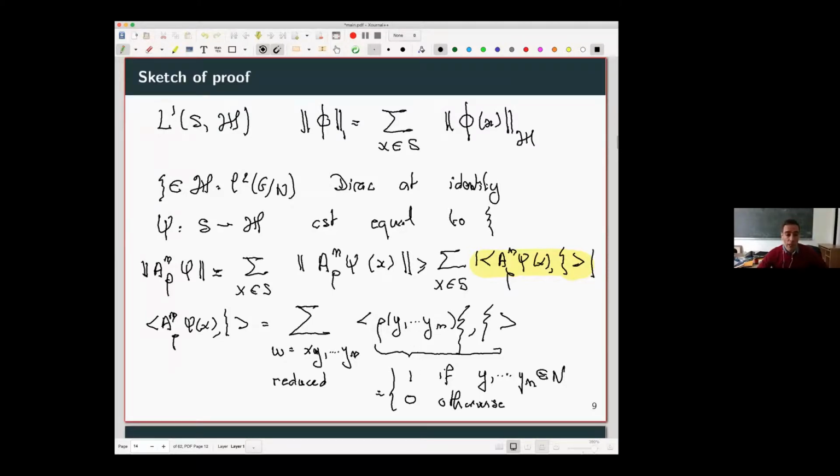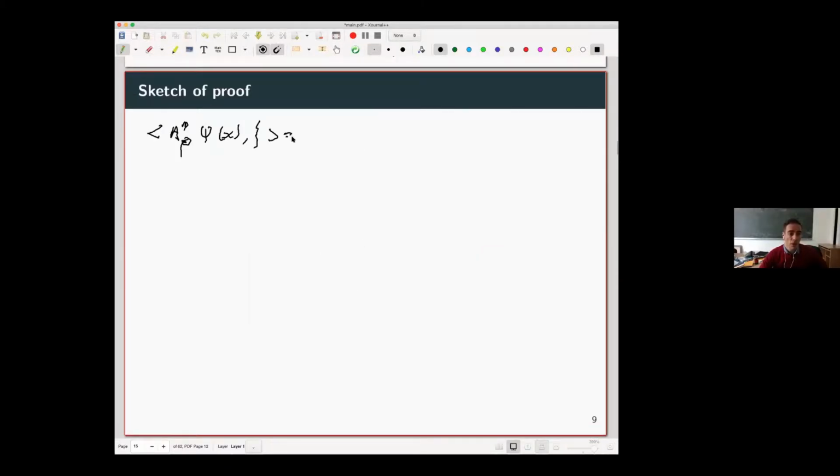So I get just all the possible words y1 to yn, so that the first letter is not the inverse of x, and which belongs to the kernel N. So this is just the cardinality of the number of words y1, ..., yn, reduced words, which are in N, with x y1 different from 1.